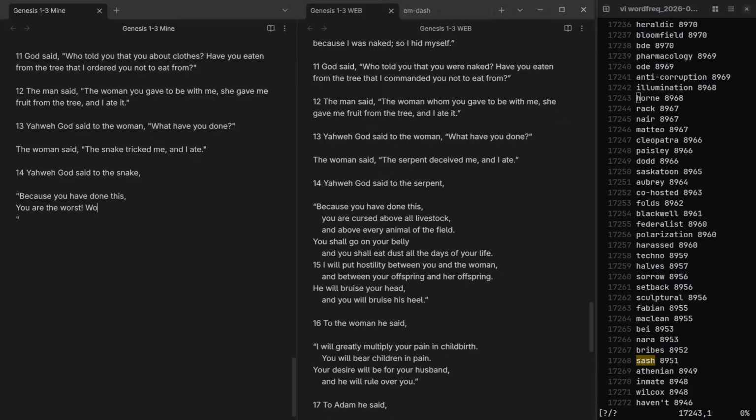Let's just go with this. Worse than all the beasts and all the animals of the field. I could even just say every animal of the field.